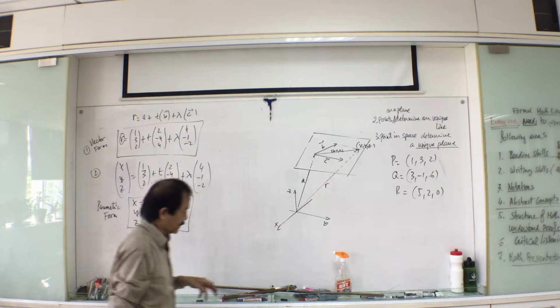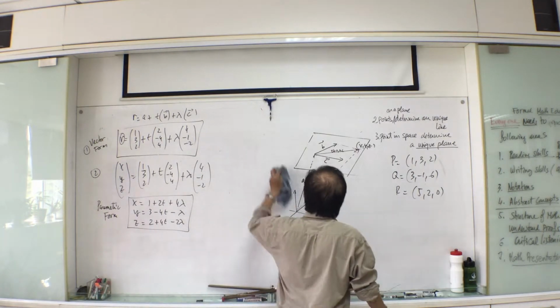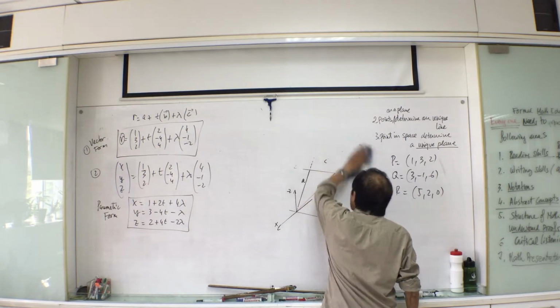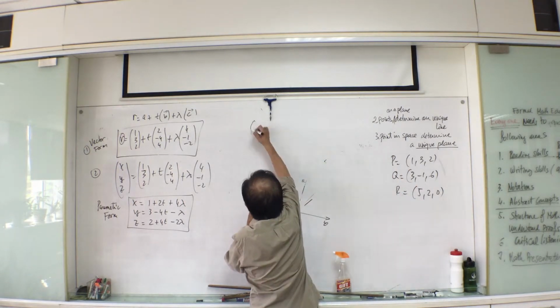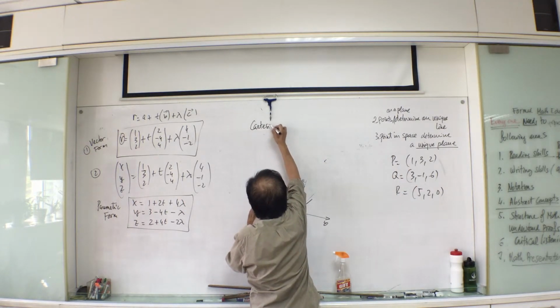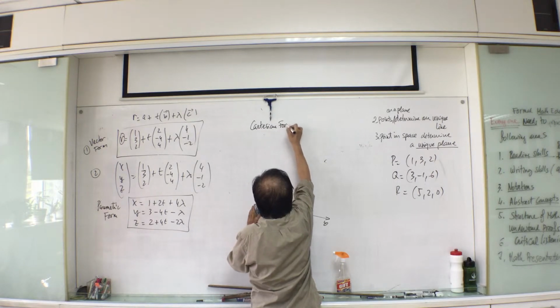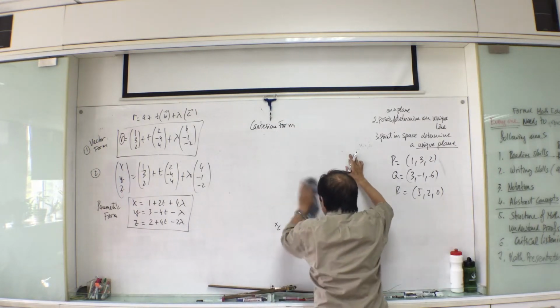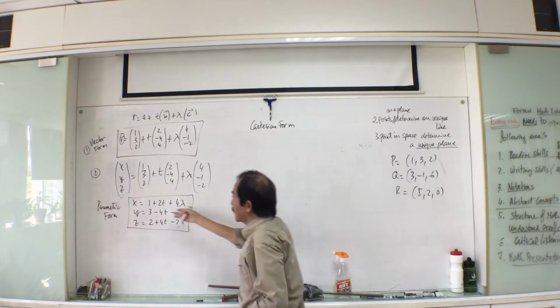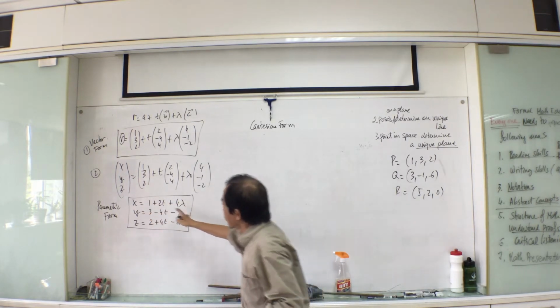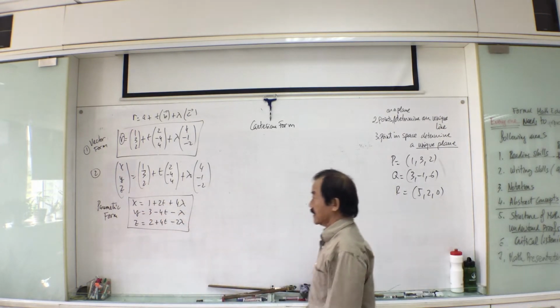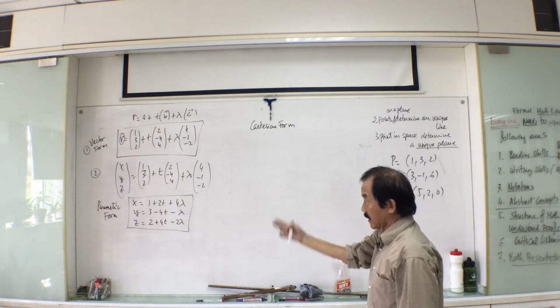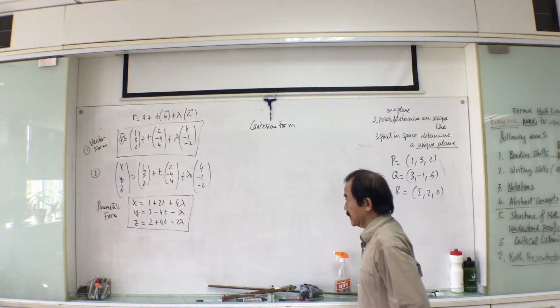How about the third one? The third one we call the Cartesian form. Cartesian form is related between x, y, and z only. So therefore we have to eliminate the parameters t and lambda.